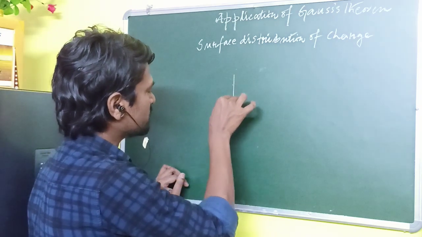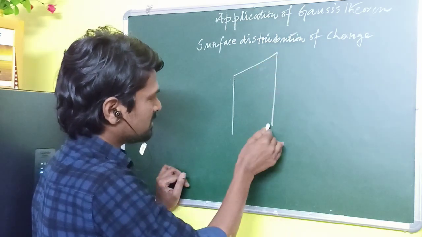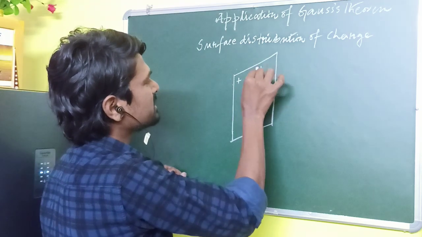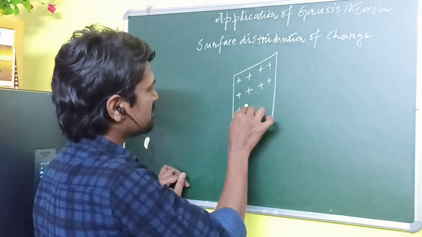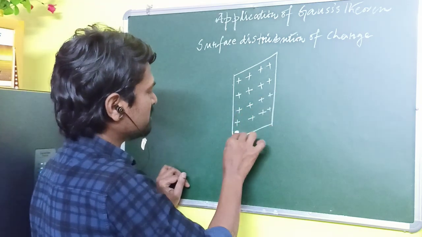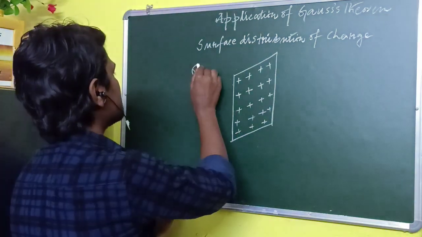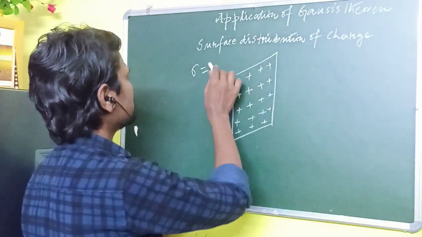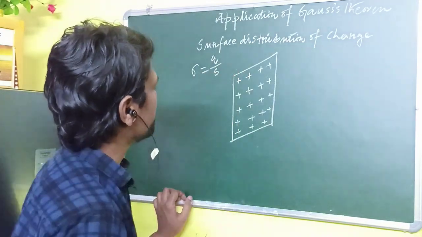You can take a particular surface like a sheet, and if that sheet contains charge and all the charges are distributed uniformly, then the surface density of charge sigma equals total charge divided by total surface.